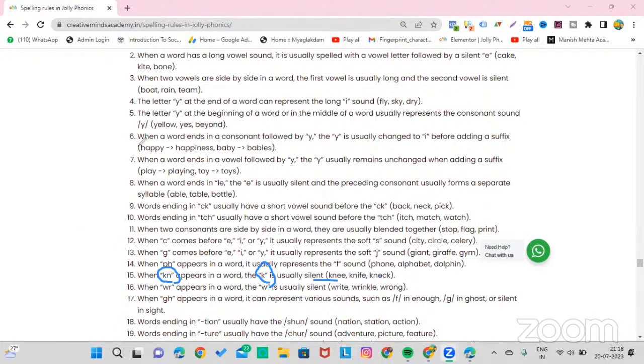Aditi, PH will always give the sound of letter F. They are derived words. Okay. Yes. So in a word where you have KN, K is silent. Okay.